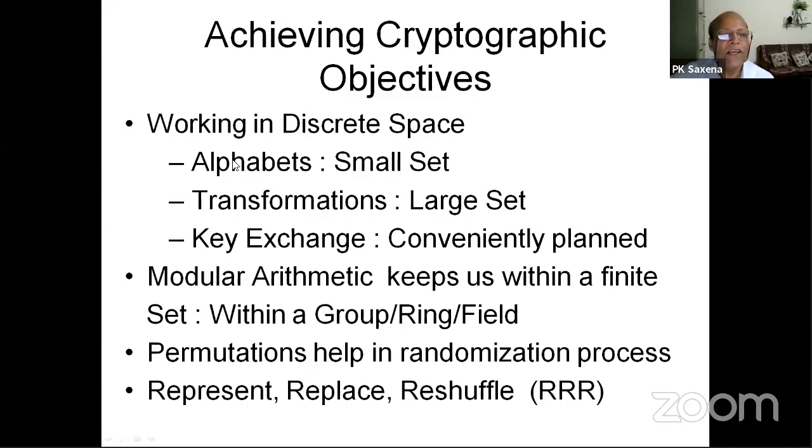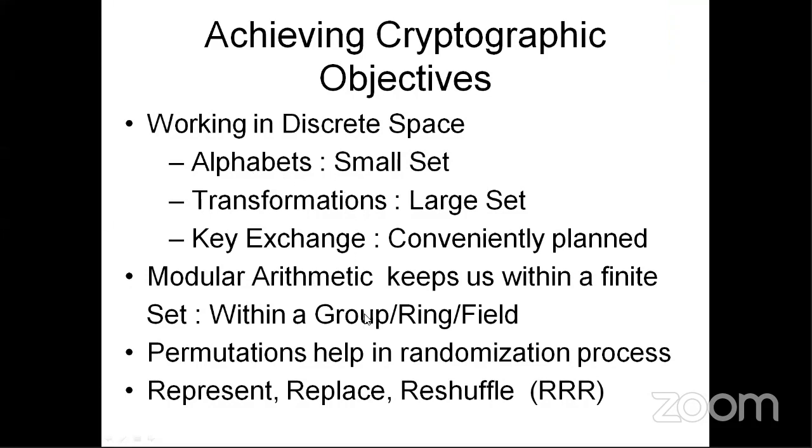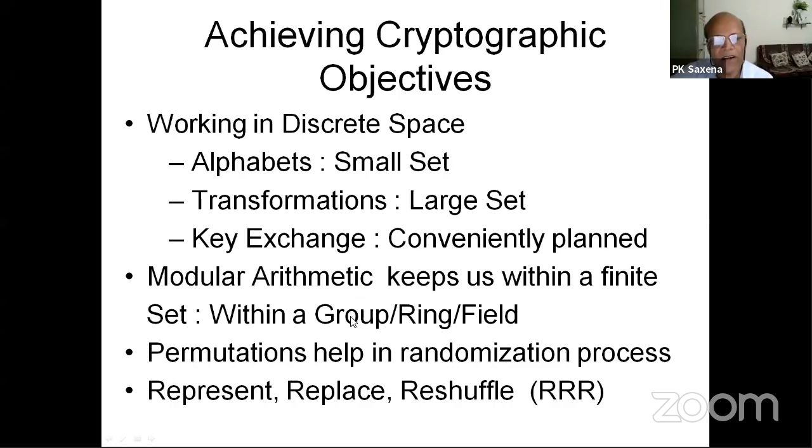That means the cipher and alphabet, the plain information and encrypted information, are represented in the same alphabets. And the method will ensure that it is difficult to rearrange and find out the plain information from the cipher information.